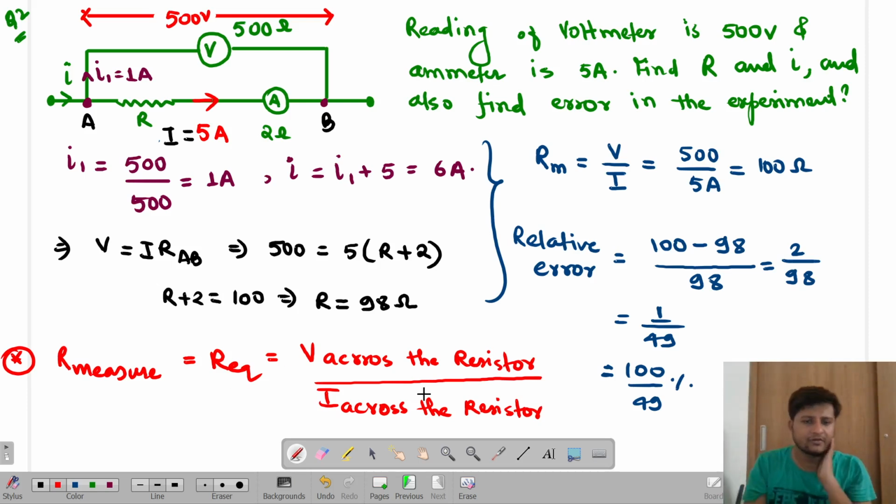So either you find R equivalent, or you find the voltage across the resistors divided by the total current across the resistors. But the actual value is simply V by I, meaning the original voltage reading is either known to you, or you can find it by circuit calculation. Okay.